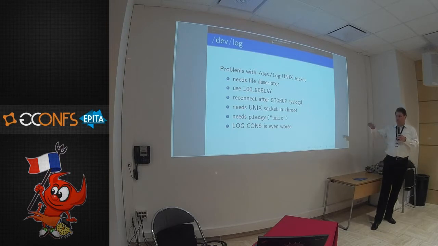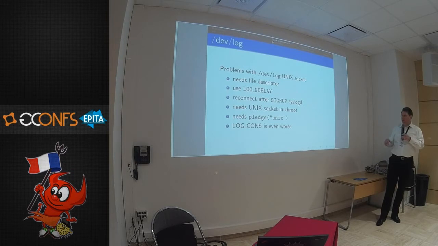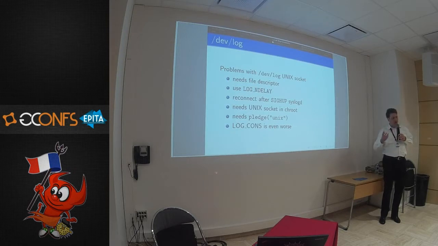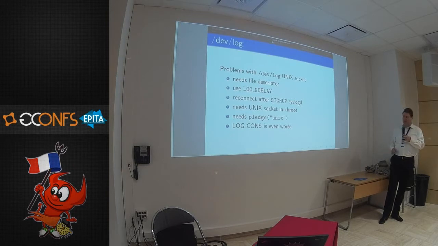So all this concept makes it quite complicated because you need this file descriptor, you can run out of file descriptors, because you have this log nDelay, you have to reopen it during operation, you have to allow somehow the syslog socket, somehow the Unix domain socket, so you have to pledge Unix everything.